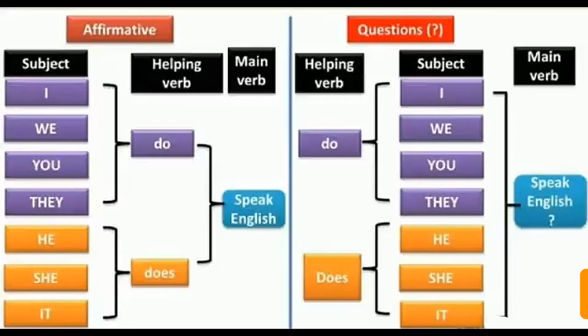And if an interrogative sentence is there, then first of all the helping verb will come: do will come along with I, we, you, they, and does will come along with he, she or it.